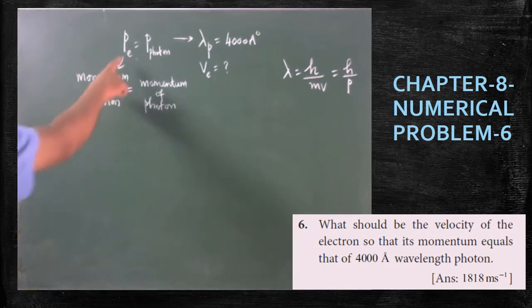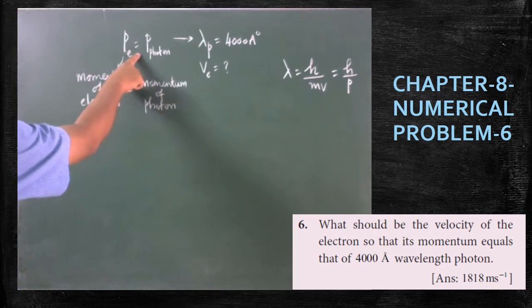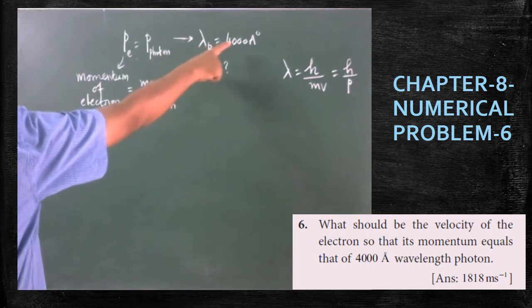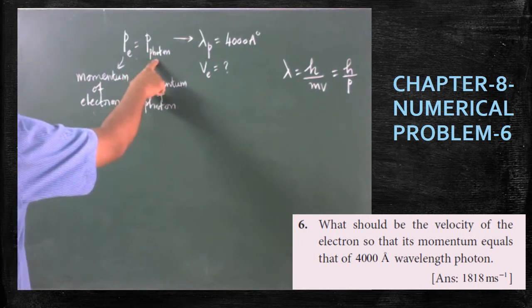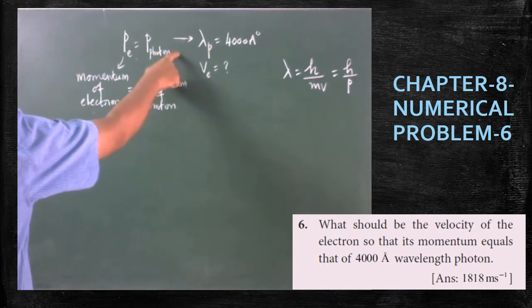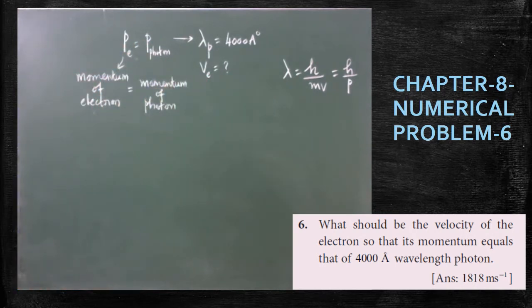Here the momentum of the electron and the momentum of the photon are both equal. You are asked to calculate the velocity of the electron.